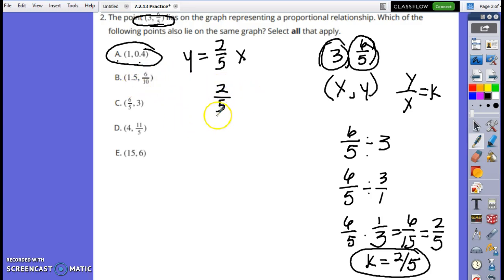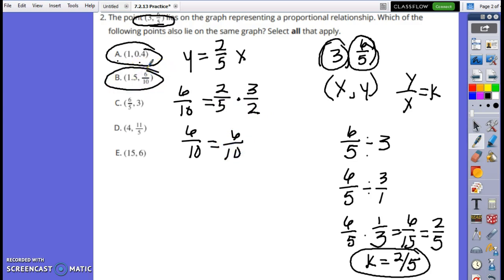And since we're dealing with fractions here, it might make it easier for me to write 1½ as a fraction. Is equal to y, which is 6/10. So I just took this x and wrote it as a fraction 3/2. So I'm checking 6/10 is equal to 2 times 3 is 6, 5 times 2 is 10. Yes, those are equal to each other.